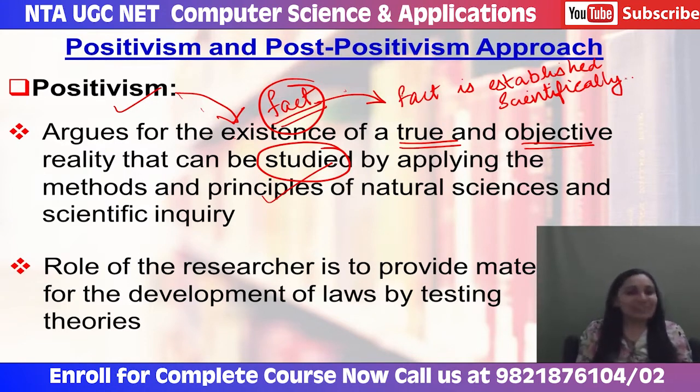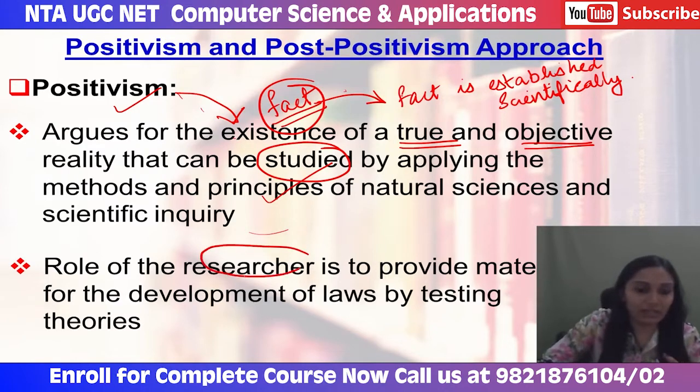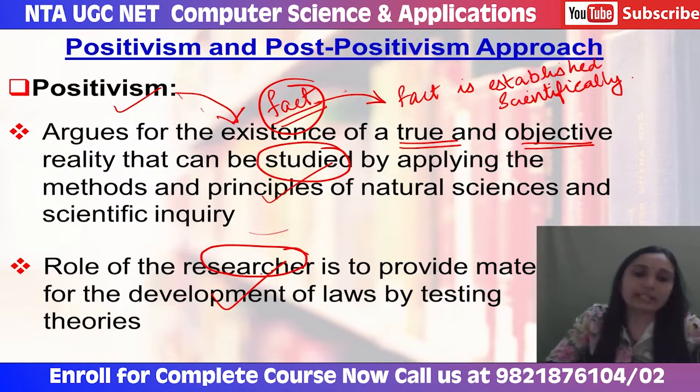Okay. So positivism means you are trying to establish a fact, and this establishment of the fact is done by applying science or scientific methods. And the role of the researcher is to provide material for the development of laws by testing theories. So this is the role of the researcher, to provide material for the development of laws by testing the theories.